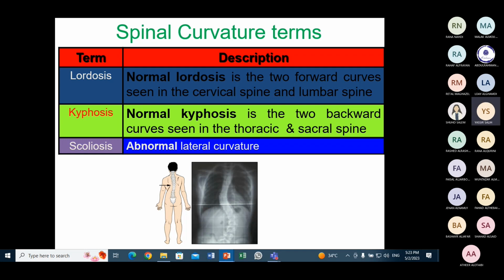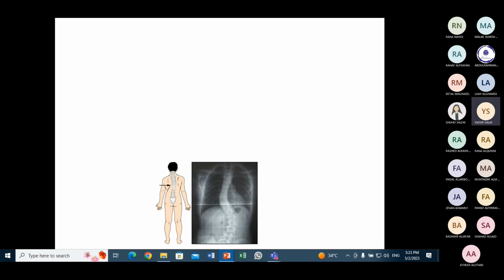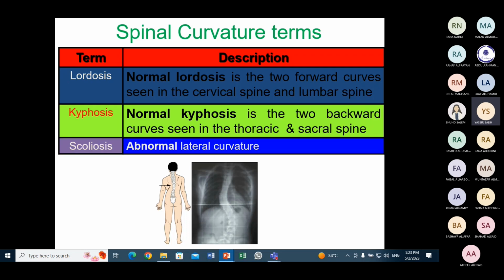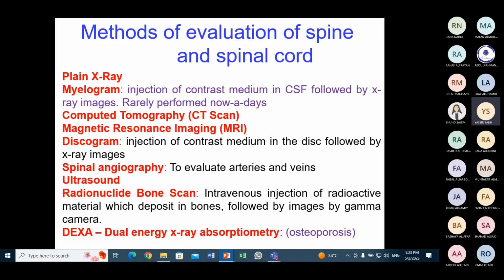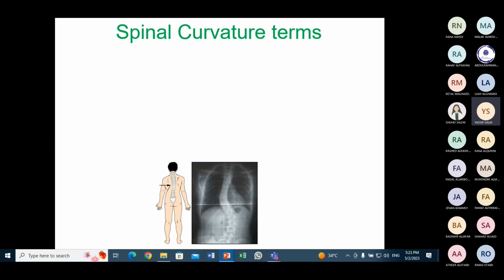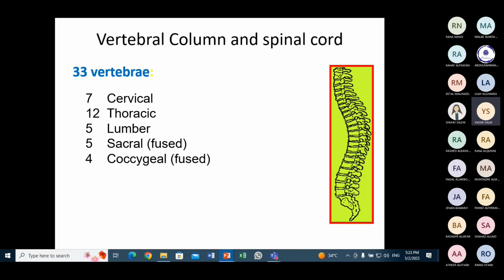If it reverses, this indicates abnormality, and if it is straight, it is also considered abnormal. So the normal spine should be like this. Sometimes the spine is seen as straight. This is called loss of normal lordosis.